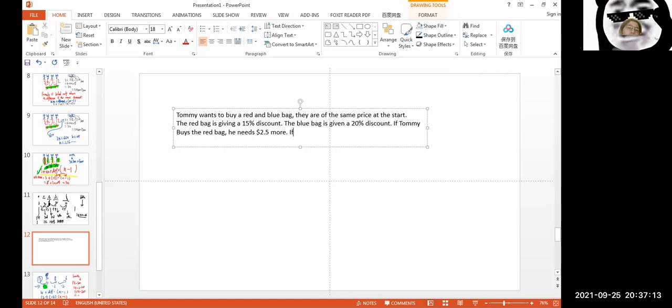If Tommy buys the blue bag instead, he has $2 left. I don't know where she got this question from, but yeah. Question A is how much is the red bag at the start?